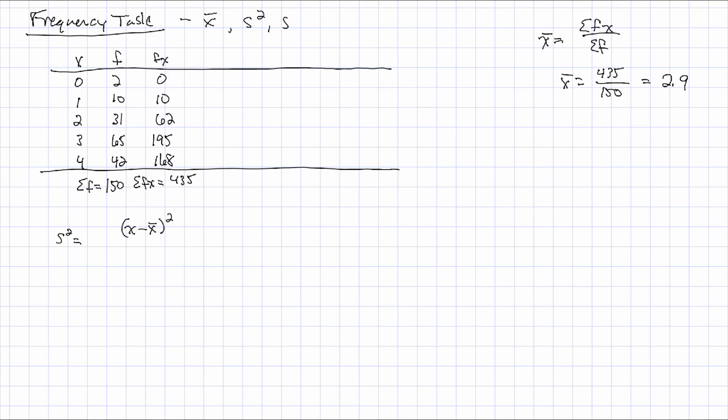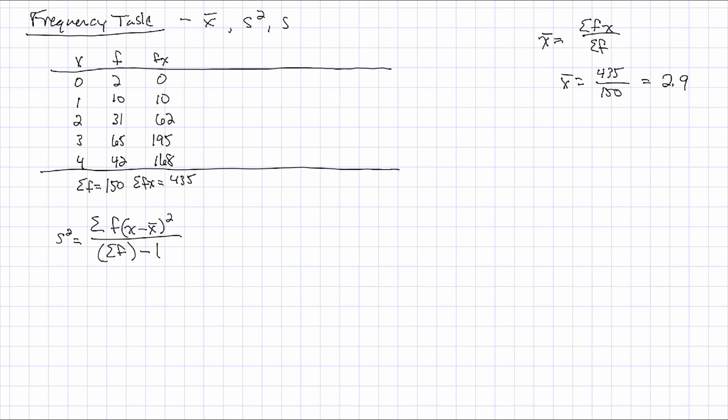You have 1 minus 2.9 squared appearing 10 times because that's the frequency in our vector. So what we can do is do the x minus x bar squared once, multiply by the frequency, and then add up all of those values. Our denominator is the sum of the frequencies minus 1.